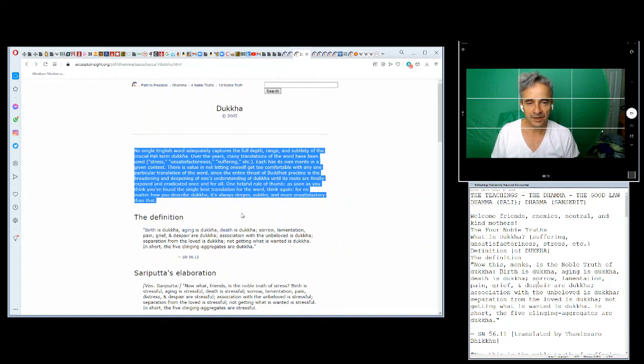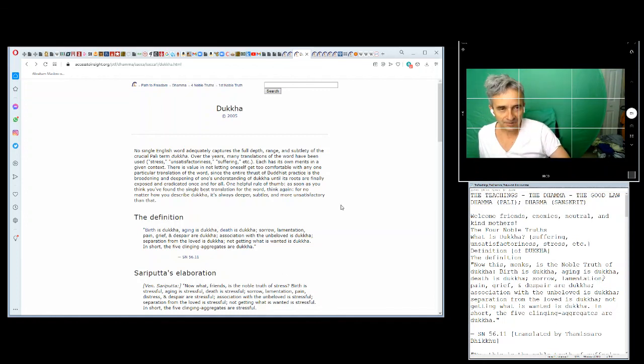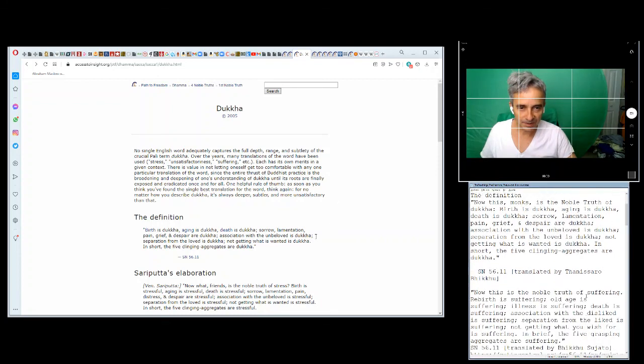Suffering. The Four Noble Truths. Okay, so I could say furthermore that the Four Noble Truths is not quite the best translation for the four.